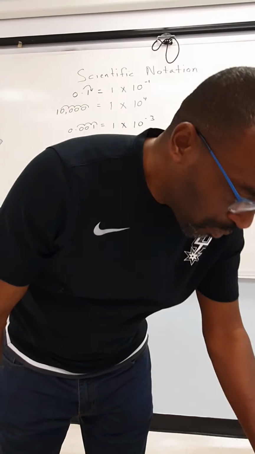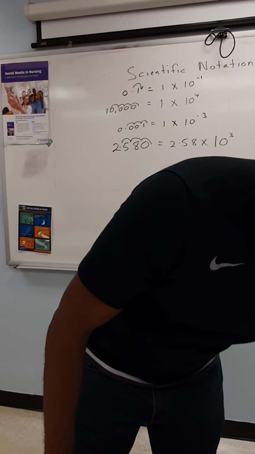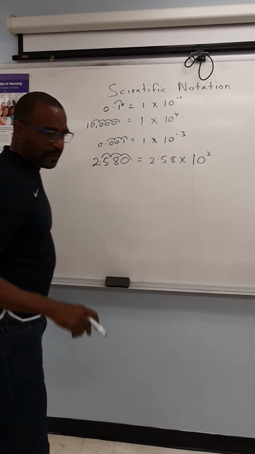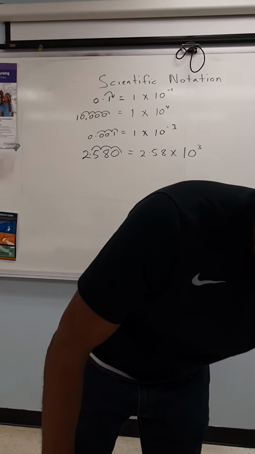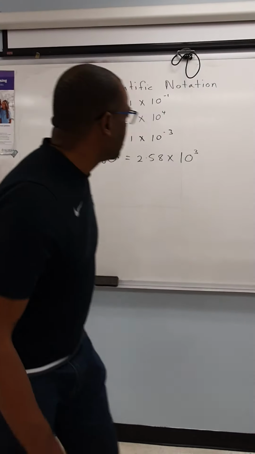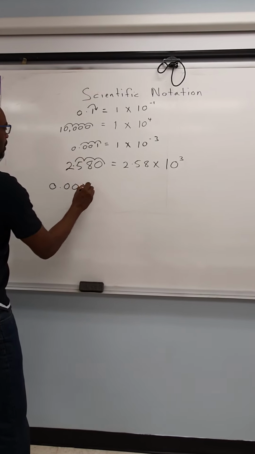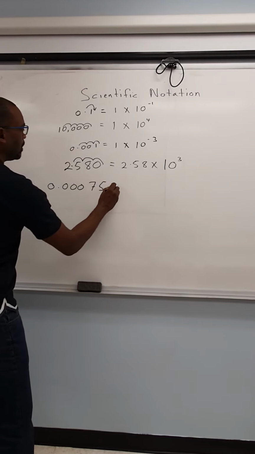Let's get a small number. Really small number. 0.00075.